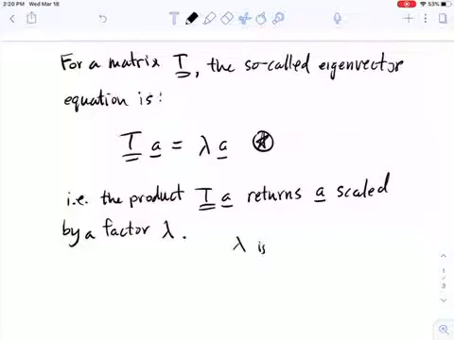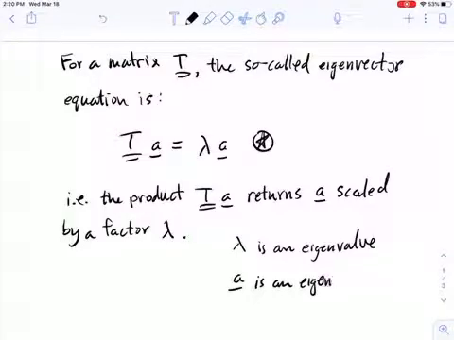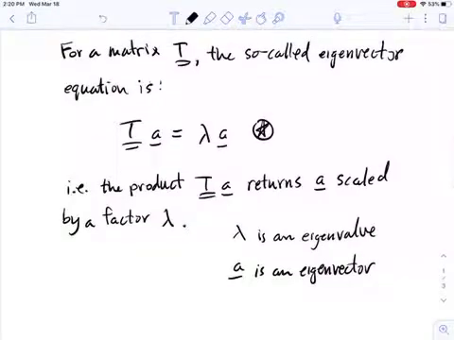Lambda is an eigenvalue, and if star holds, then A would be an eigenvector. And we're going to assume that A is not the trivial case where it's just a column of zeros, right?